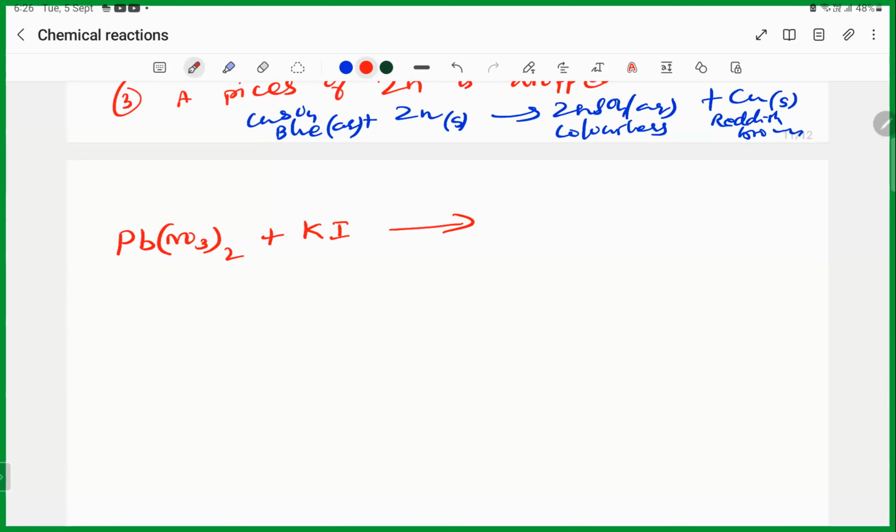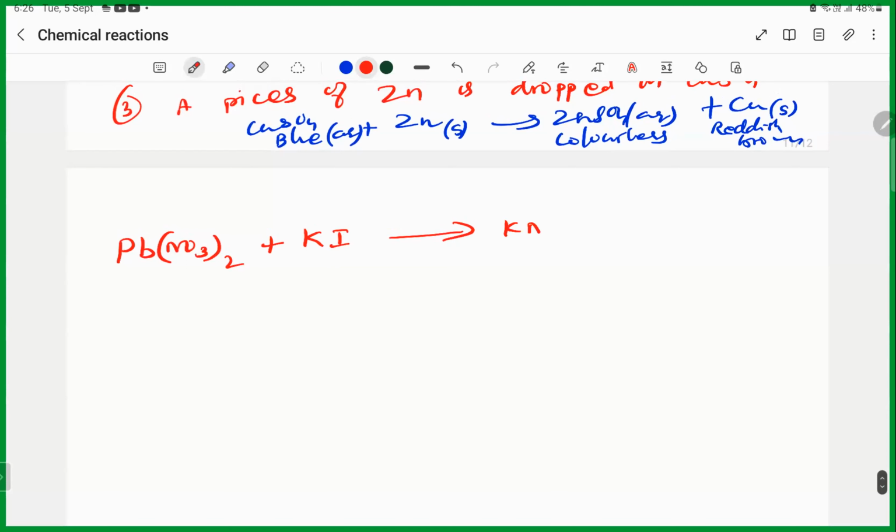KNO3 plus PbI2. PbI2 is a yellow color insoluble substance. This is aqueous, this is aqueous. So when you balance, it becomes 2, 2. So everything will be correct, right?